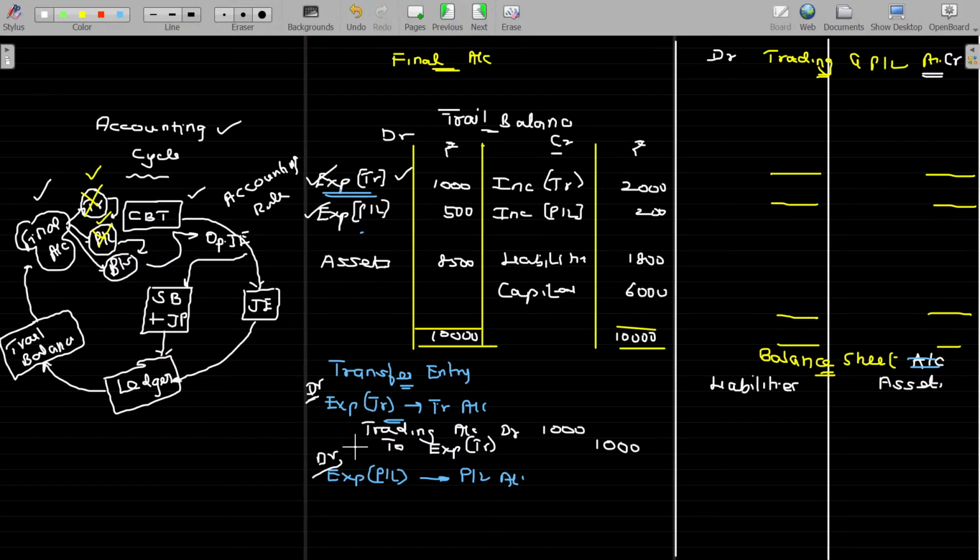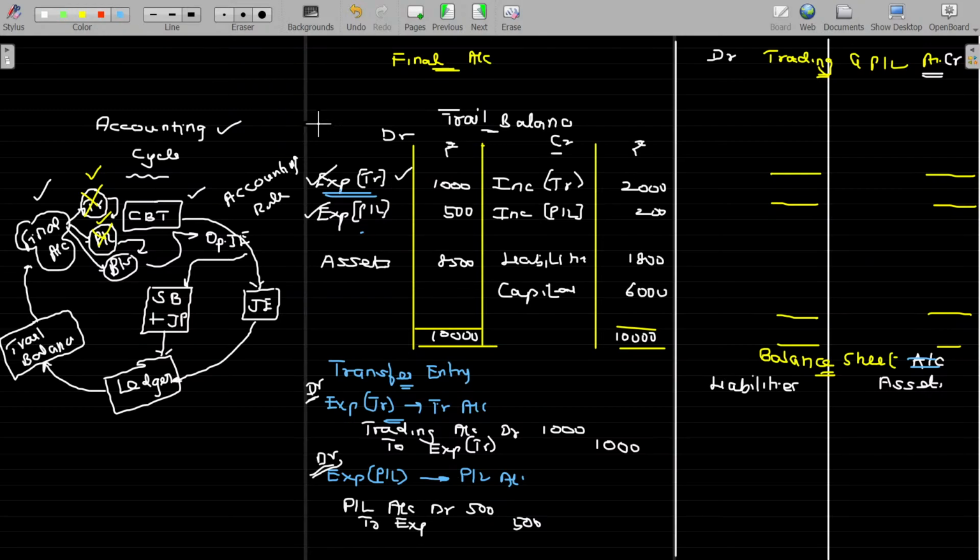We have to cancel it by crediting it. So the expenses value being 500 should now be debited to the profit and loss account. Is that okay? Hope you could understand.